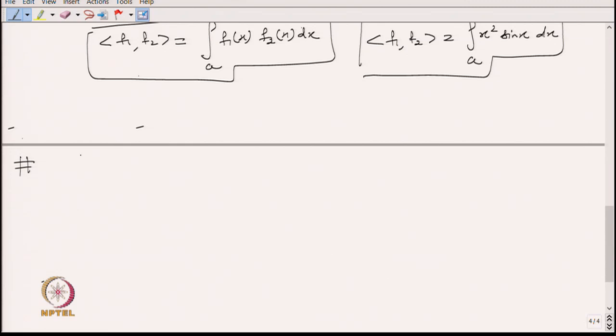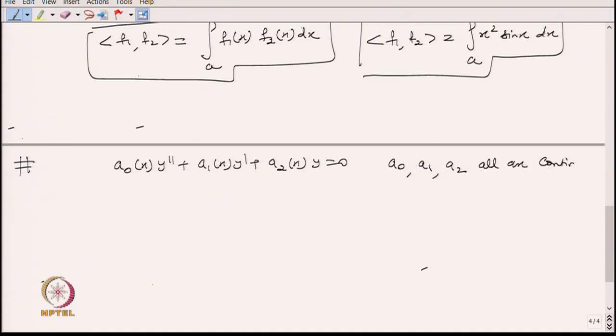We already know that in the previous classes we were dealing with the second order differential equation of this type: a0(x) y double dash plus a1(x) y dash plus a2(x) y is equal to 0, and in this case a0, a1, a2 are all continuous in the given interval x belonging to [a, b].